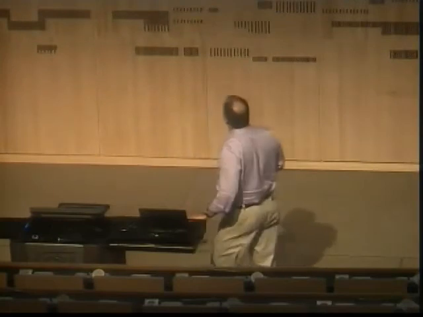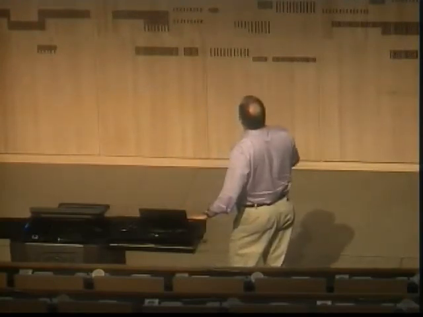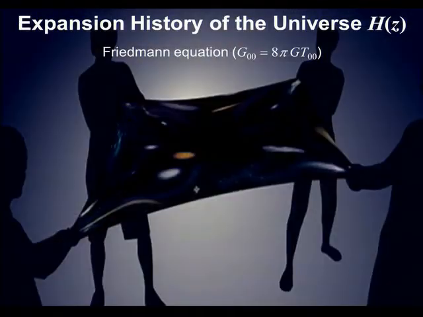So the expansion history of the universe, the standard cosmology, comes from the Friedmann Equation, which is just a way of stating the 0,0 component of the Einstein equation. G00 is 8 pi G times T00.